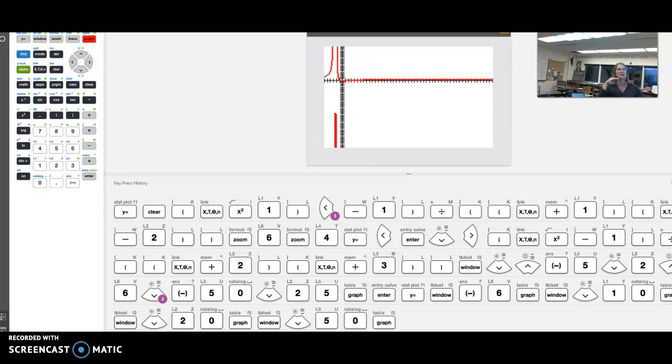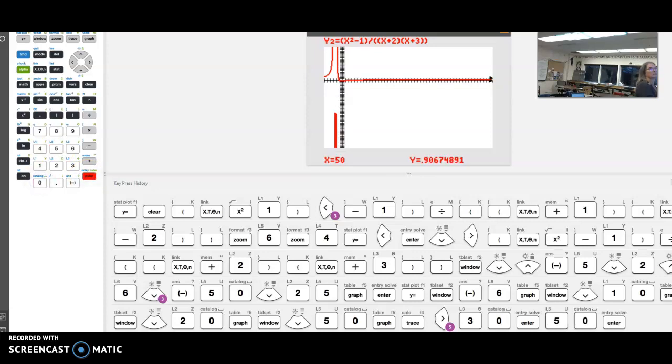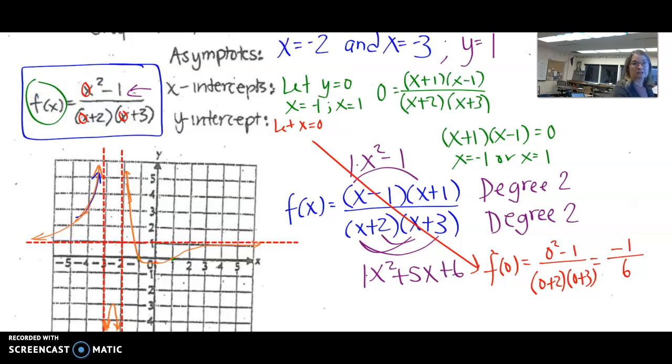If I trace along here and go out, when x is 22, it's 0.8. When I go out to x equals 30, it's even 0.85. Let's go to 50. It's 0.9. It's approaching 1. So that matches what we thought it should look like.